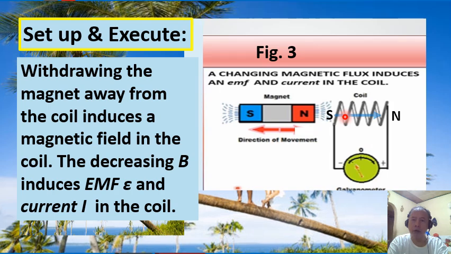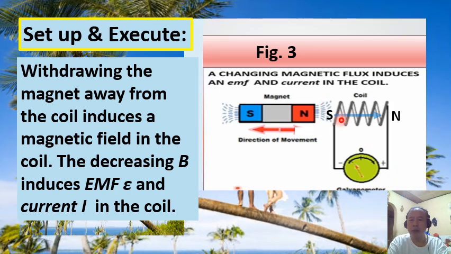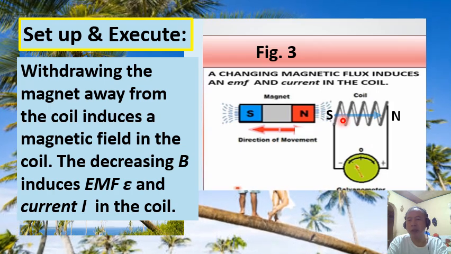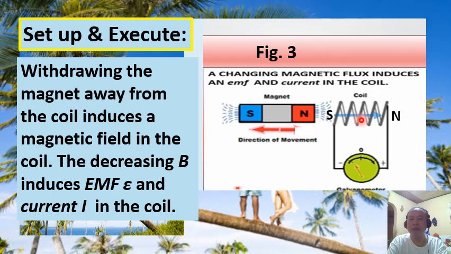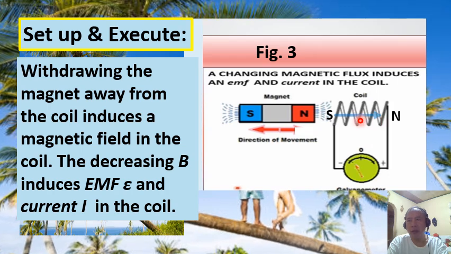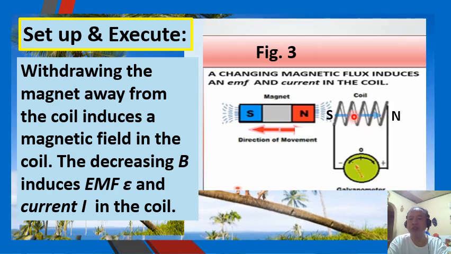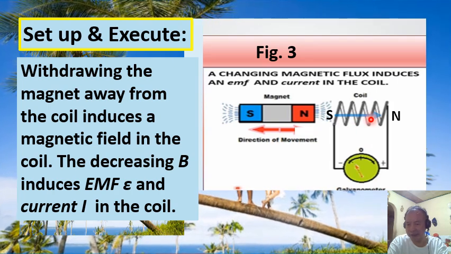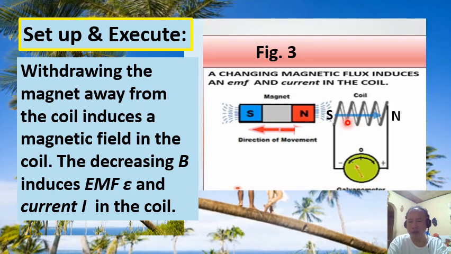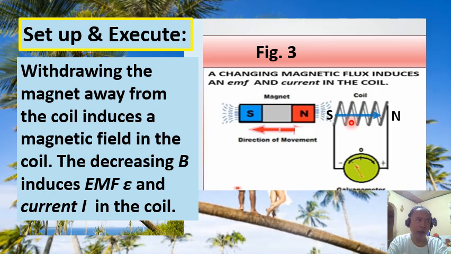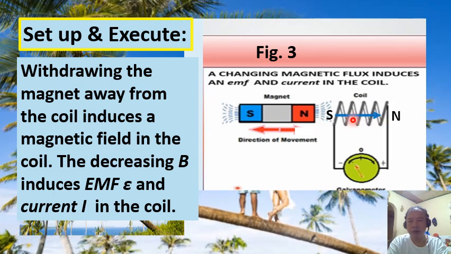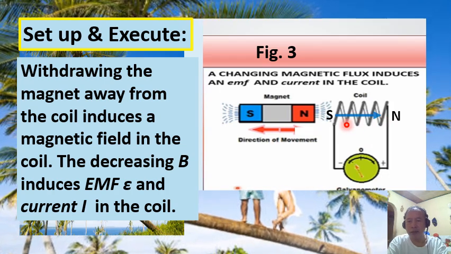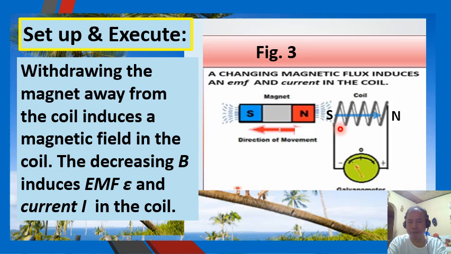Now, going back to the production of the induced EMF, that happens because the rate of change of the magnetic flux is also changing. In fact, it is decreasing, as mentioned earlier. A decreasing magnetic flux within the coil results to the induced EMF.